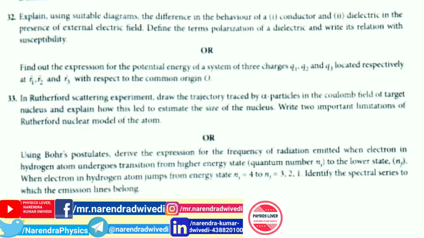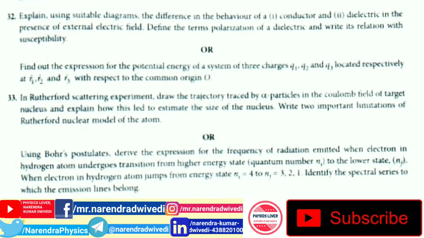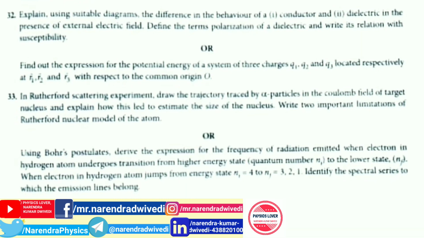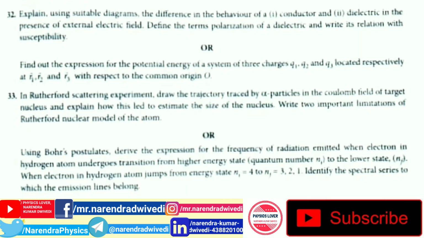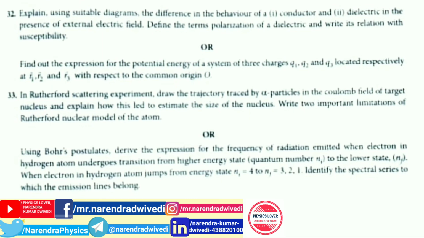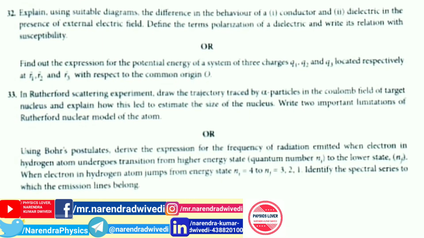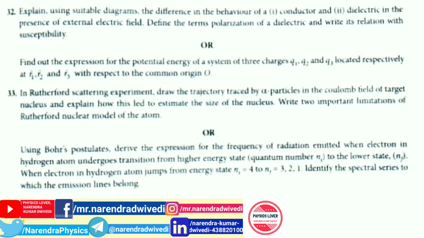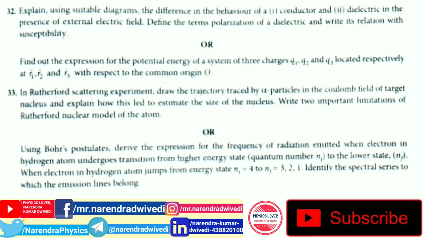33rd question. In Rutherford scattering experiment, draw the trajectory traced by alpha particles in the Coulomb field of the target nucleus and explain how this led to an estimate of the size of the nucleus.